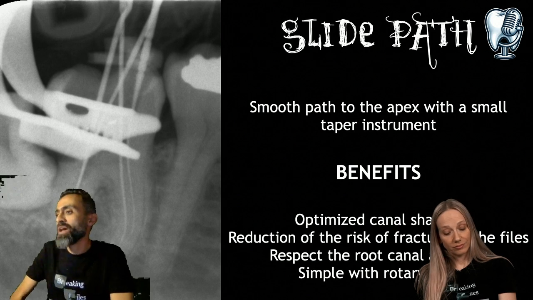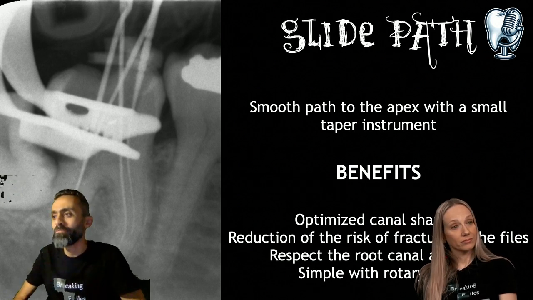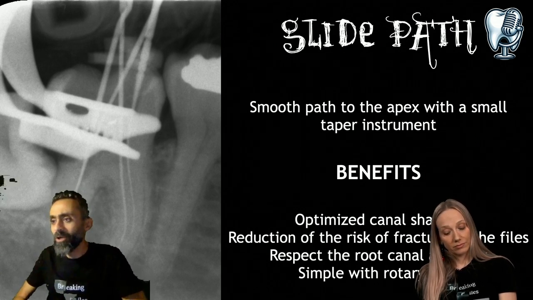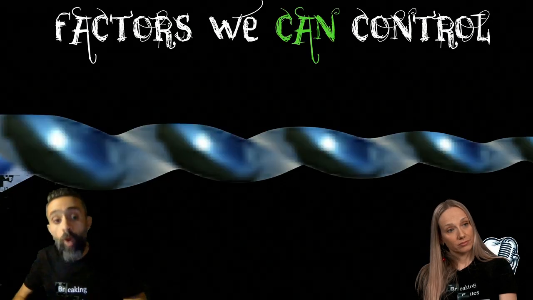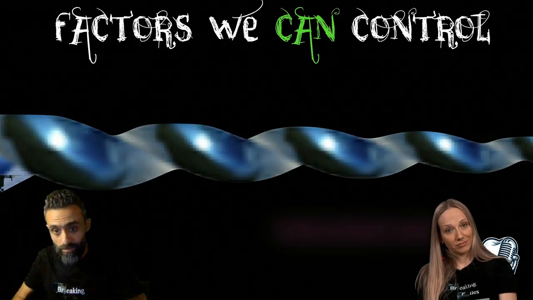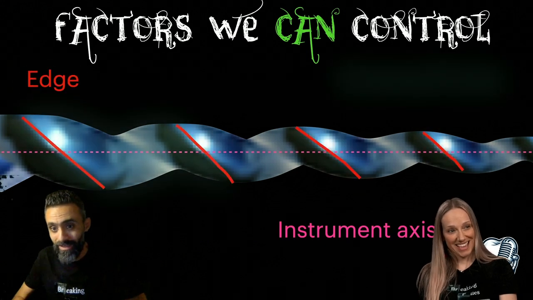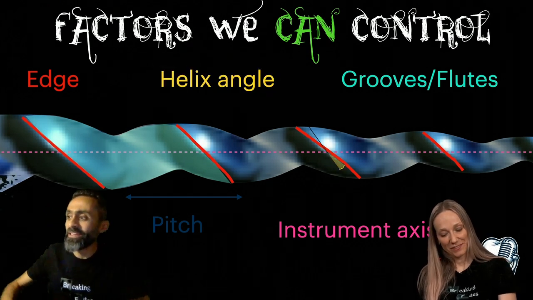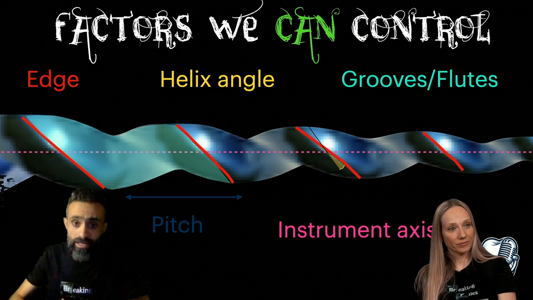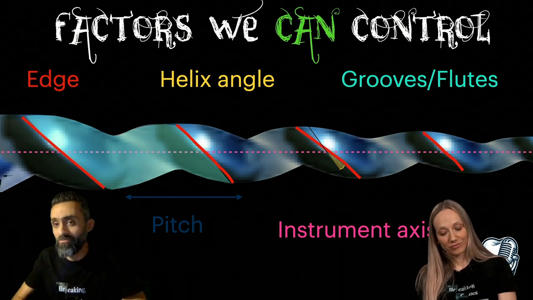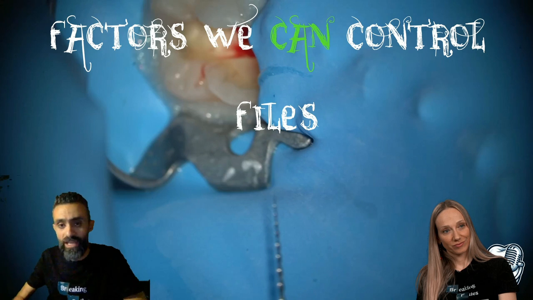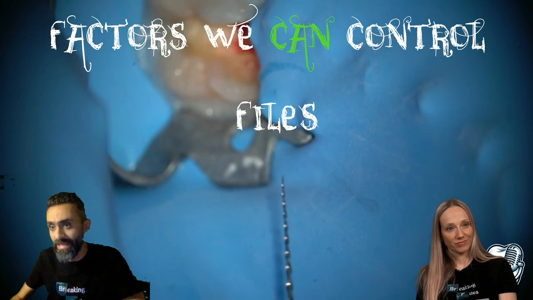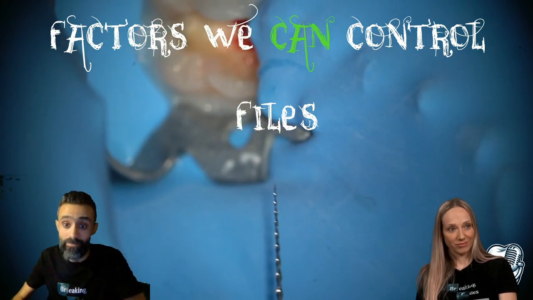So I think we said that we have to know our instruments, design, metallurgy, everything, but also we have to watch our instruments. Yes, carefully. I think that the clinician must check his instrument for signs of deformations like over twists or unwinded flutes, because this can give him an idea that this file is about to separate.